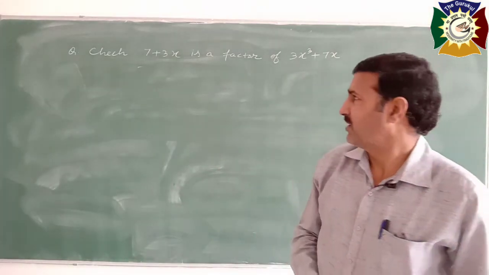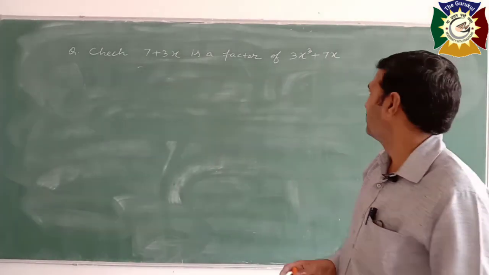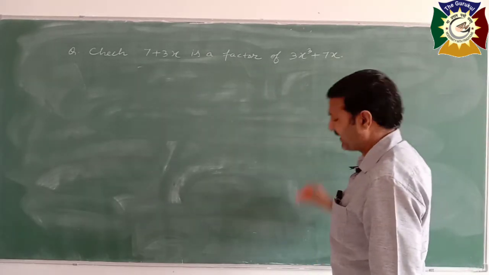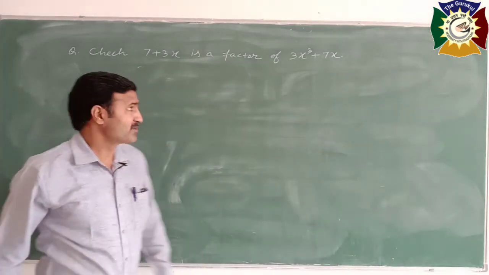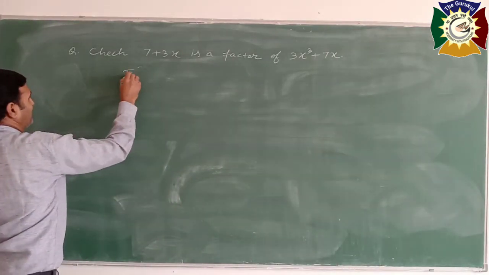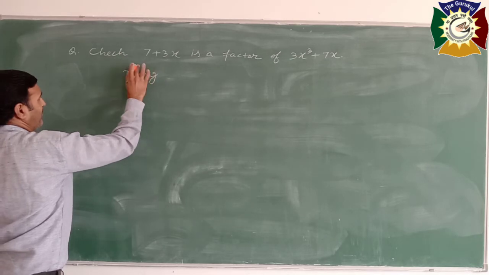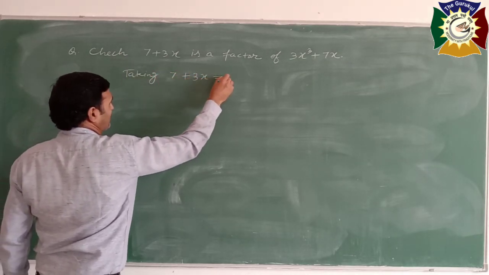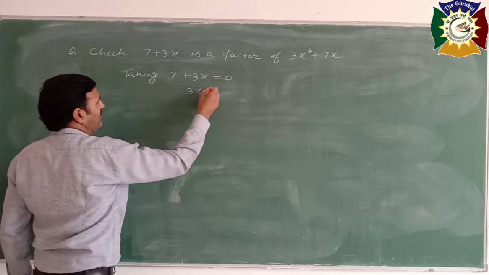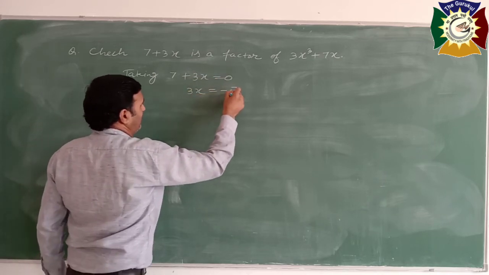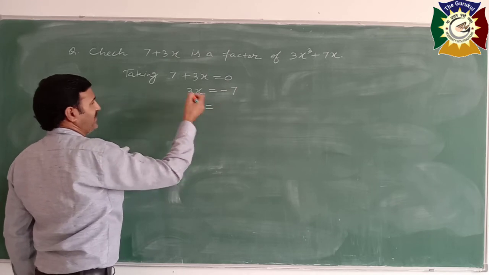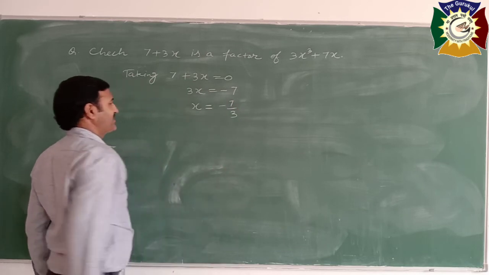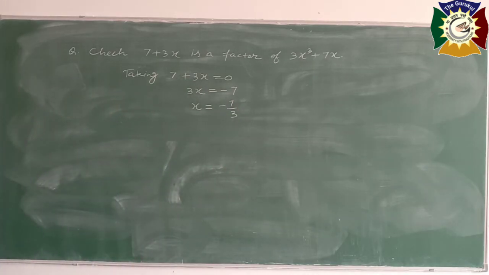Now we will check whether this is a factor of 3x cube plus 7x or not. For that we will find the remainder. So take this linear polynomial 7 plus 3x equal to 0, and we make x separate, and the value of variable x is minus 7 upon 3.